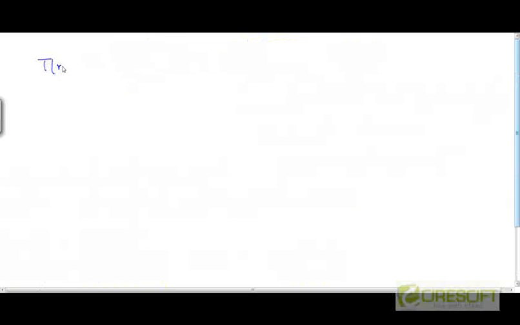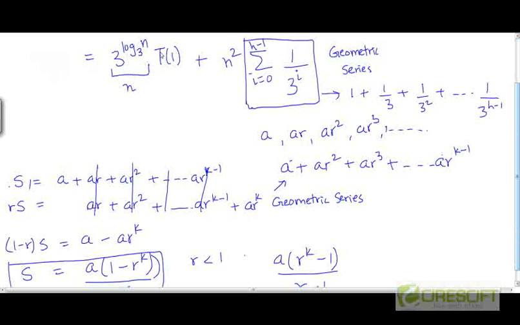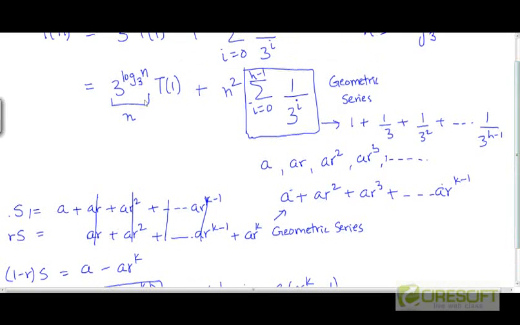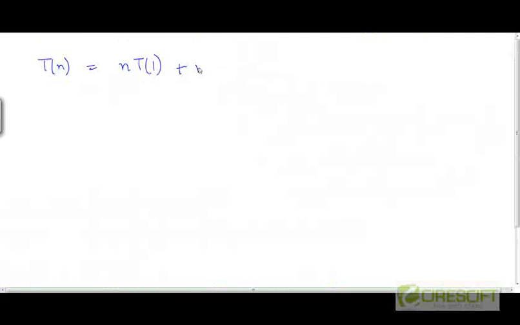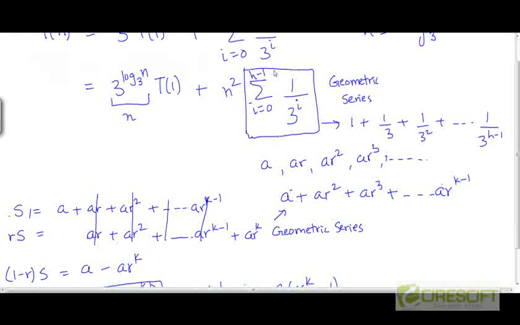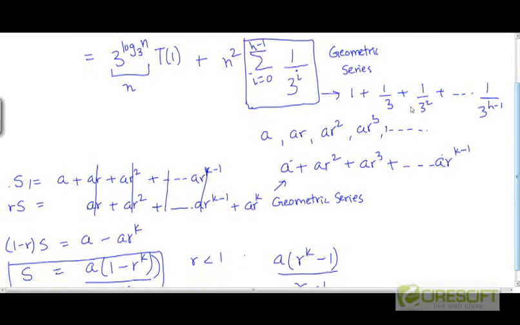T of n is n times t of 1, right? 3 to the power log of n base 3 is simply n, multiplied by t of 1, plus n squared times the sum of these h terms making up the geometric series.